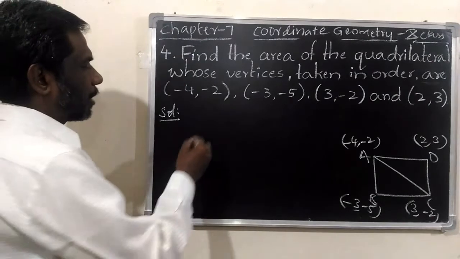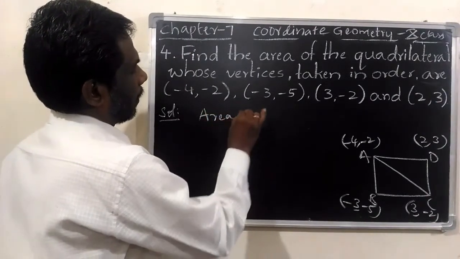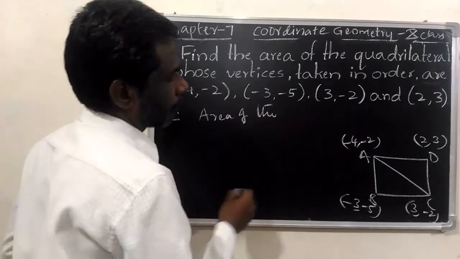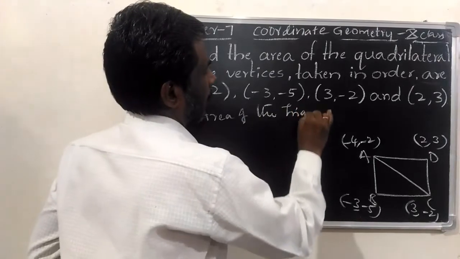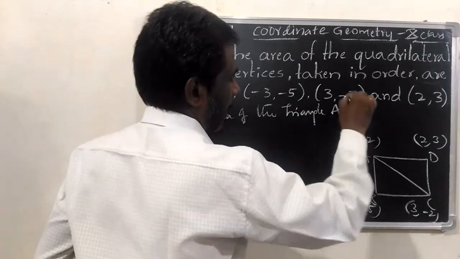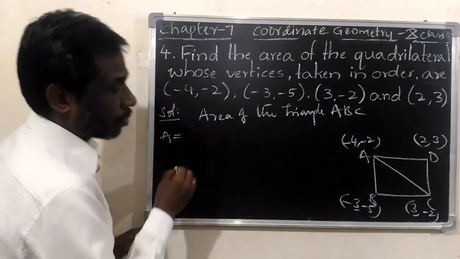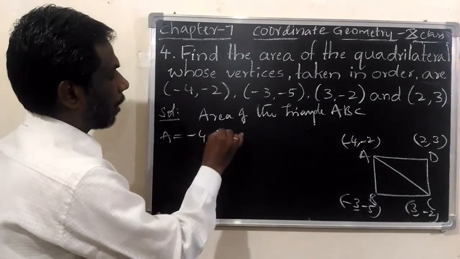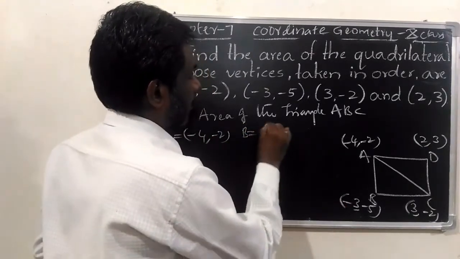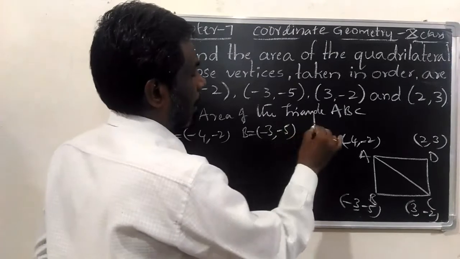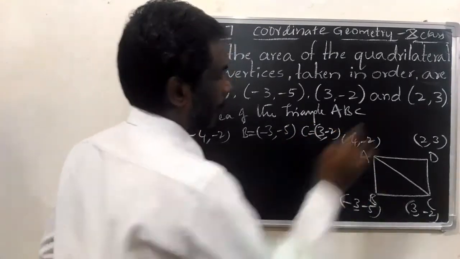So first we find the area of triangle ABC, where A is -4, -2 and B is -3, -5 and C is 3, -2.